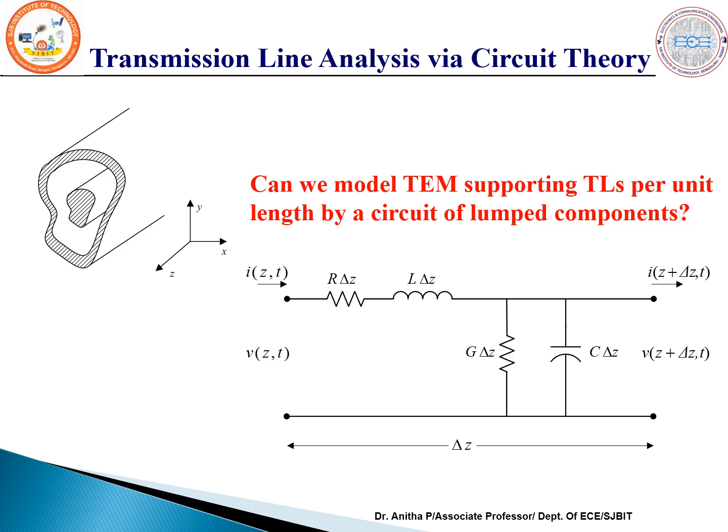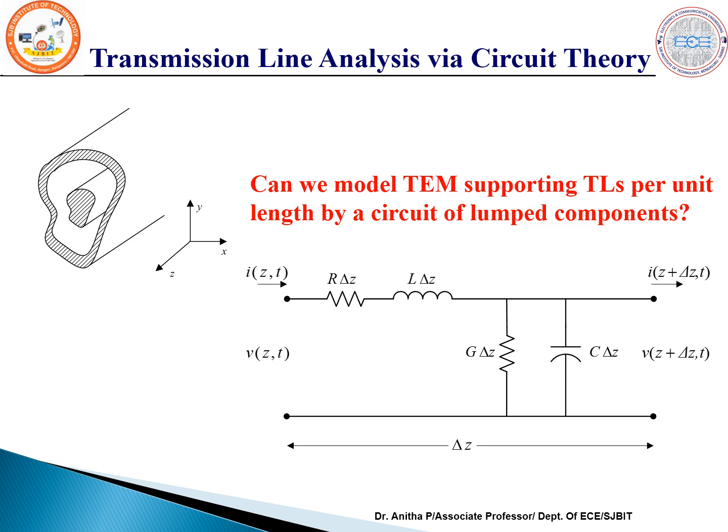So for that you can observe you have four distributed components, which are measured per unit length, which will be represented in this manner: resistance and inductance in series and conductance and capacitance in parallel.